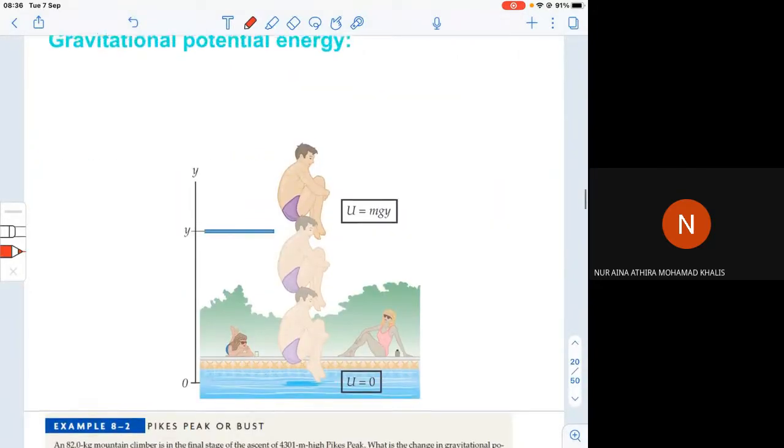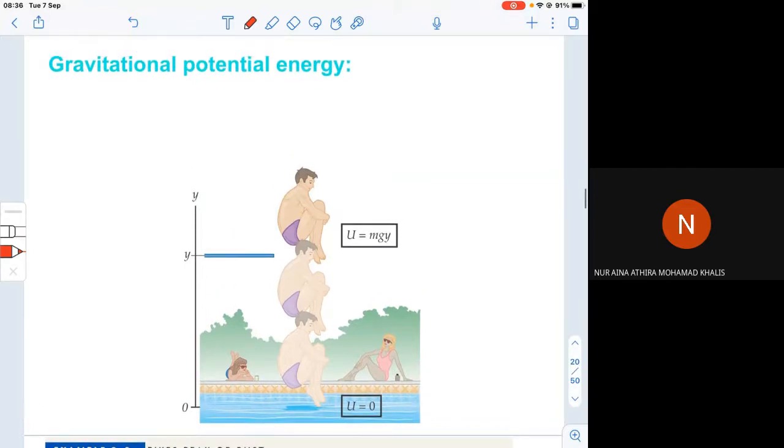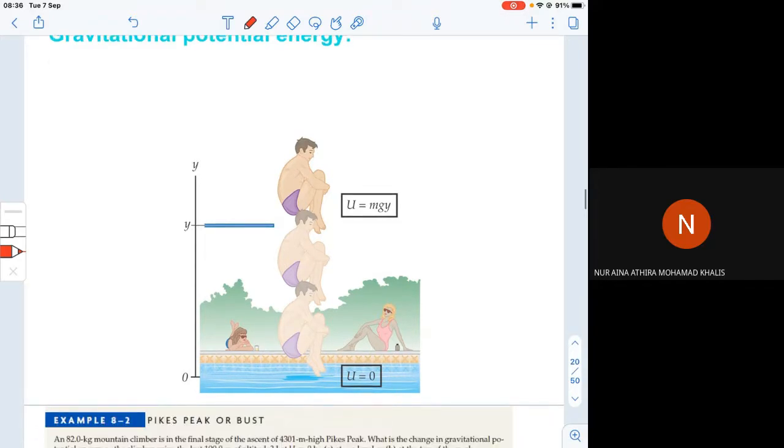This is, for example, gravitational potential energy, like a swimmer who wants to do a somersault dive into the swimming pool, which is at some height from the level of zero.